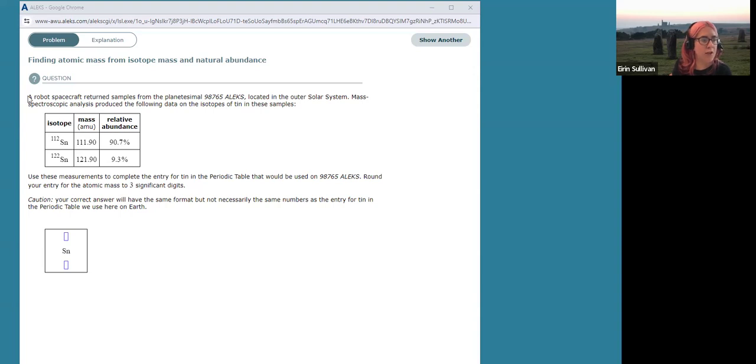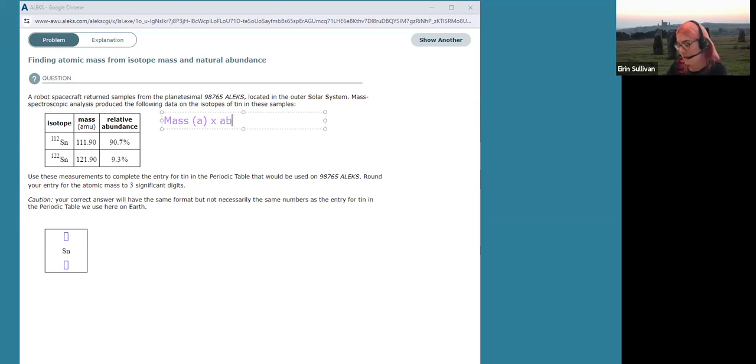So what you want to do is take a weighted average between the mass in atomic mass units. So you're just going to take the mass of isotope A, whatever that is, and then times it by the decimalized abundance.